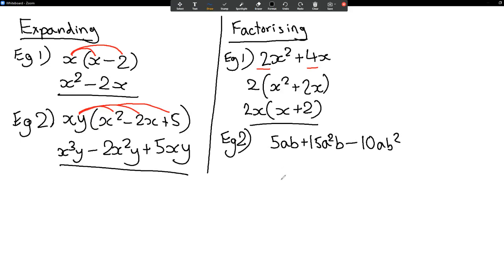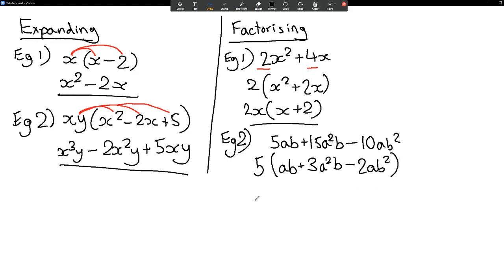Okay, so this one's obviously a little bit more complicated, but we need to look at each of the types of terms and see what we can take out. So first let's have a look at the constants. So we have 5, 15, 10. So we can take 5 out of here, like that, because each of these is a multiple of 5. So 15 divided by 5 is 3, minus 10 divided by 5, which is 2, that.